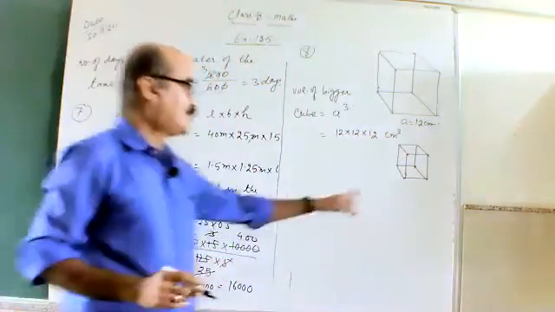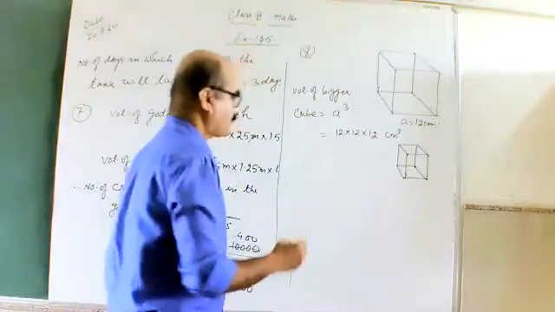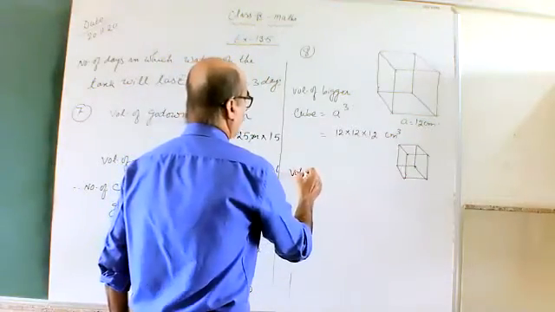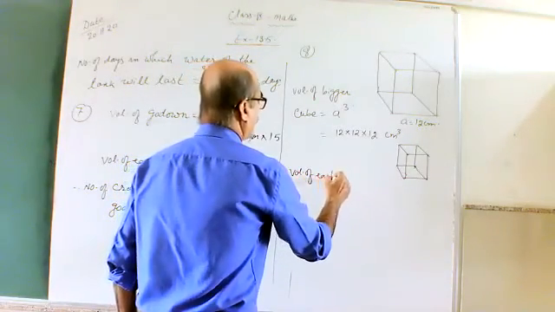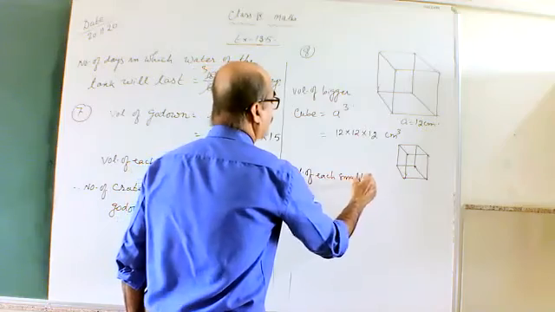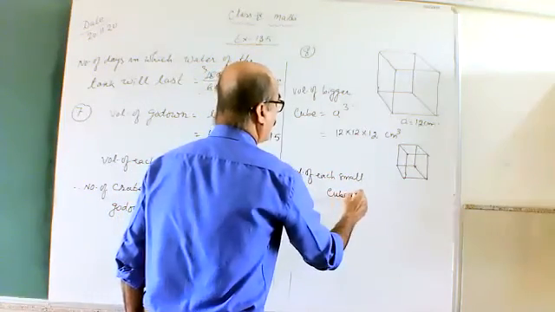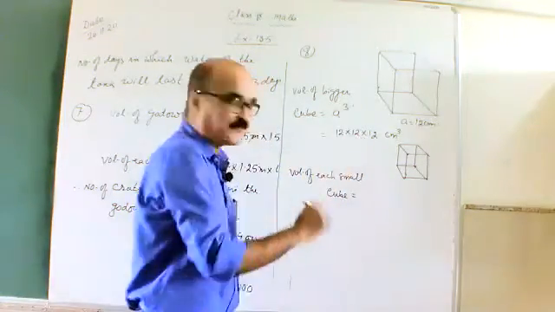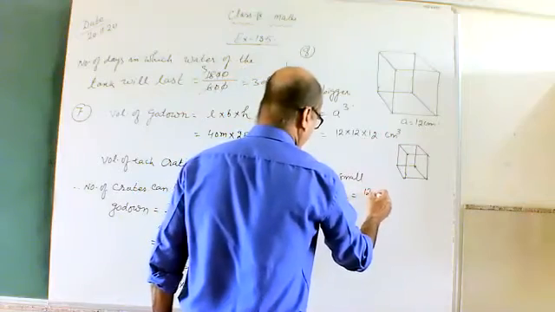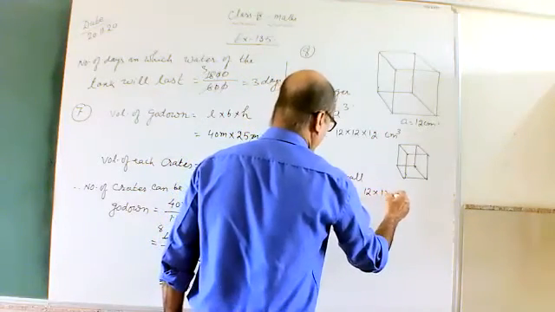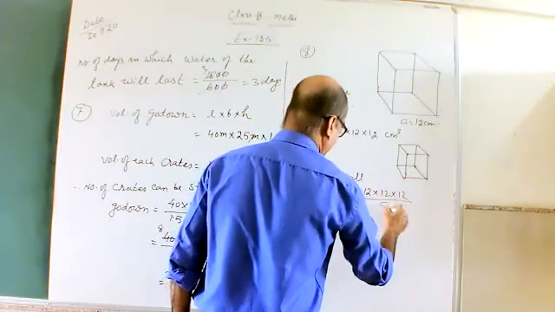Now the volume of each small cube will be equal to this volume divided by 8, 12 into 12 into 12 divided by 8.